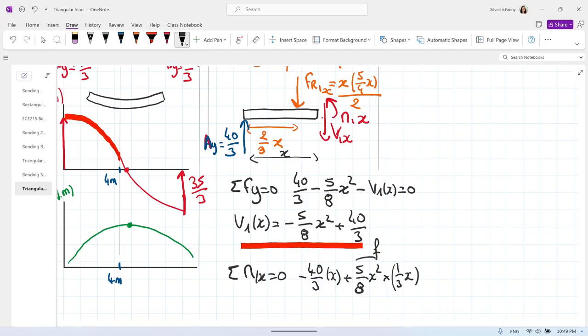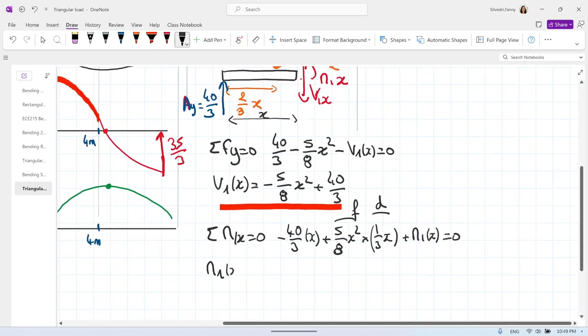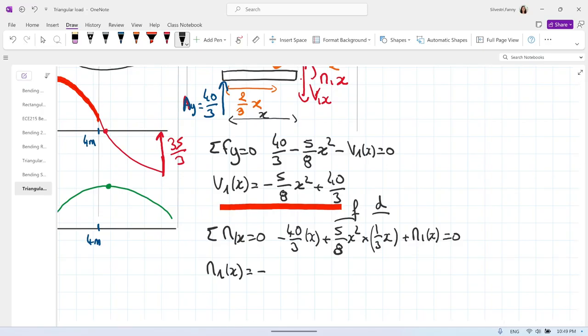This one is the force, this one is the distance for the moment. And plus m1 of x equals 0 because m1 of x is positive. So we have m1 of x equals minus 5/24 x cubed plus 40/3 of x. And this is the equation.